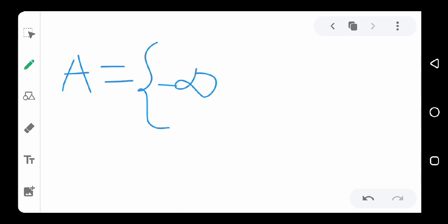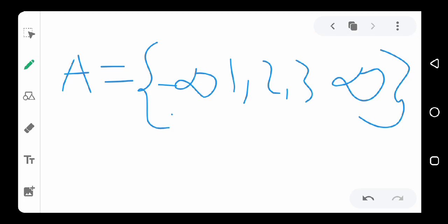We can write the numbers that we can count, like 1, 2, 3, and we use the infinity sign to show that it continues. This side is positive infinity, with no need of writing positive, but for this side you have to show that it is negative.